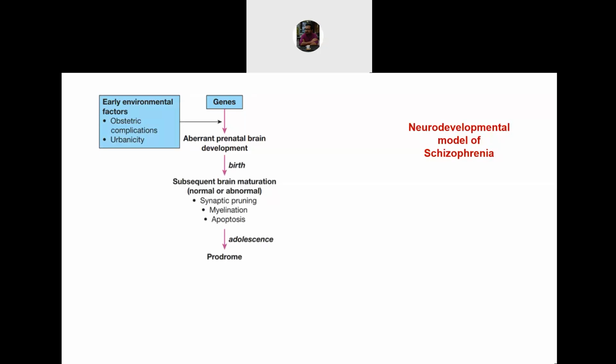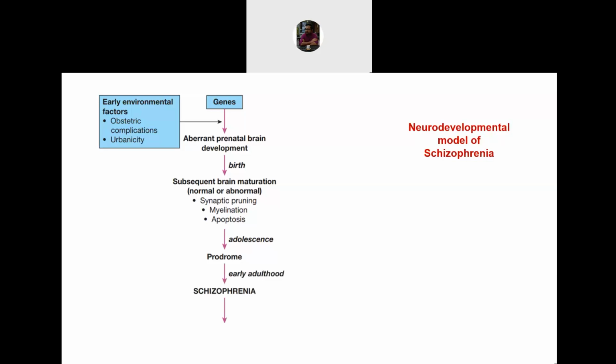After birth, when the brain subsequently matures, there may be some kind of synaptic abnormalities like pruning, defective myelination or apoptosis of neurons. And by the time the child reaches adolescence, the prodromal symptoms of schizophrenia can start.